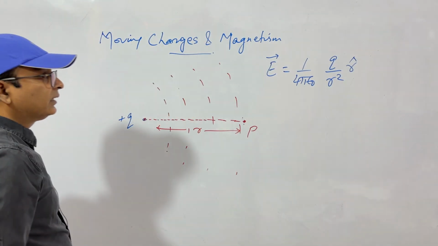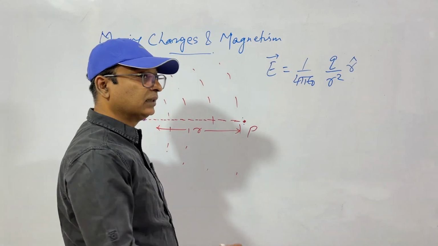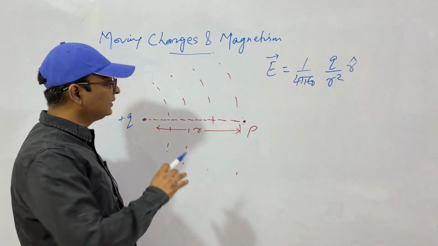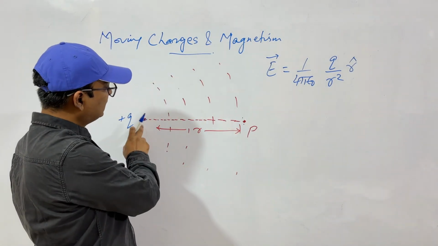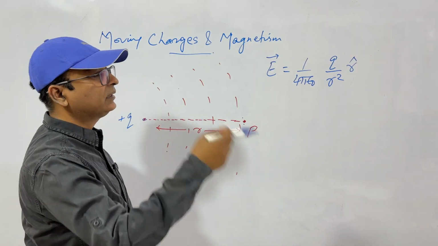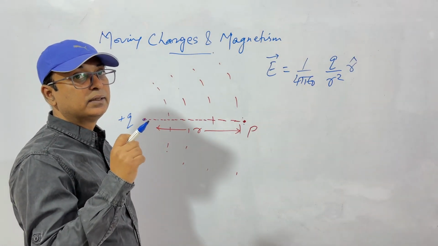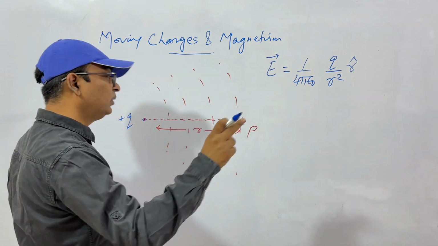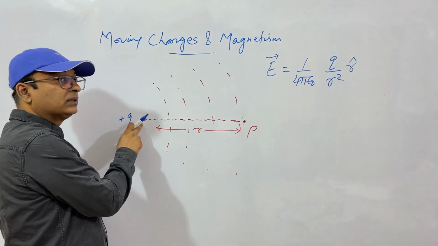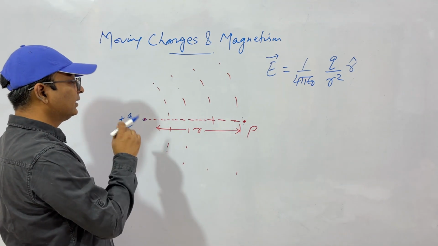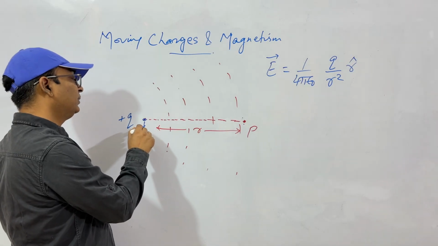What is the meaning of electric field? Is it just a fiction? No. It is in the vicinity of this charge, where if another charge is brought, that charge will experience an electric force. Not only that charge, this charge will also experience an electric force because of that charge. But let's say we have somehow clamped it to this point.